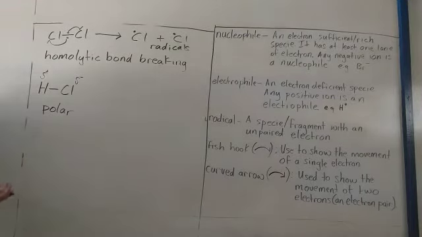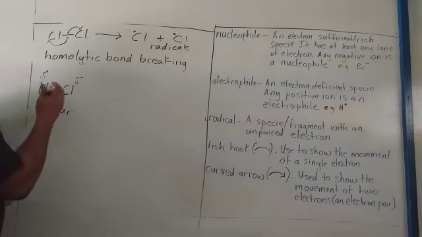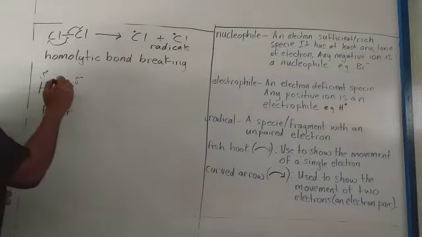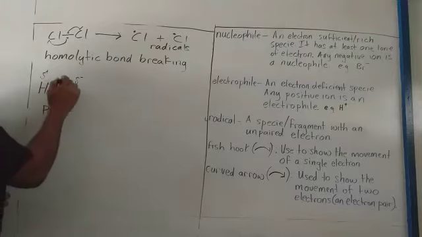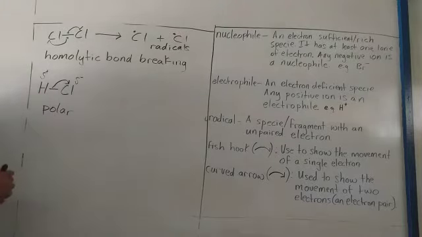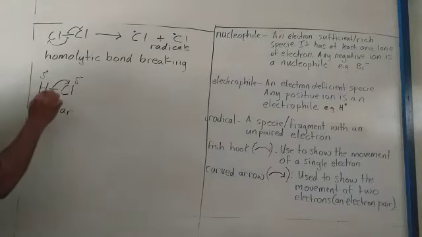What you will do is just draw the arrow from the line, like that. This means that the bond is being broken and both electrons are going to the chlorine atom.